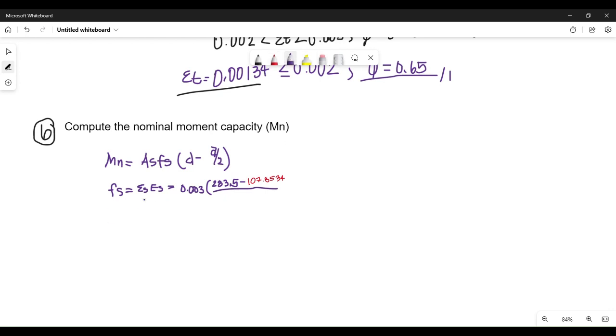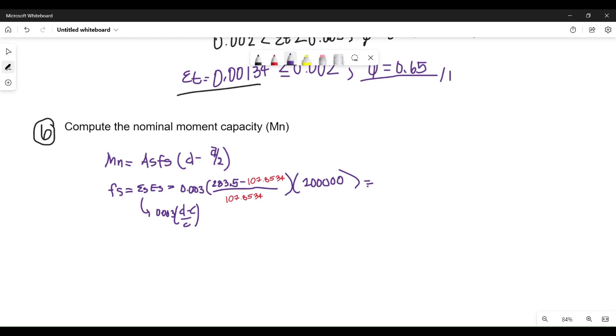Our formula for strain S is 0.003 times effective depth minus C, all over C. So copy, go to base, times the ES of 200,000.